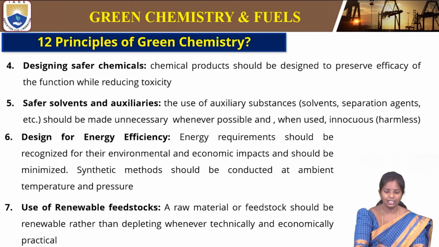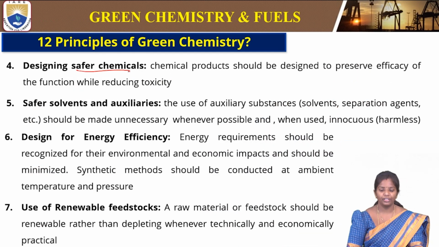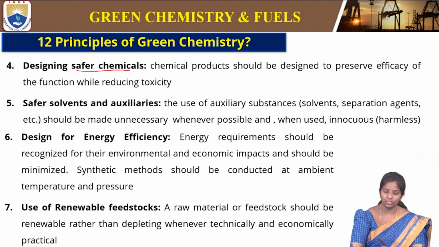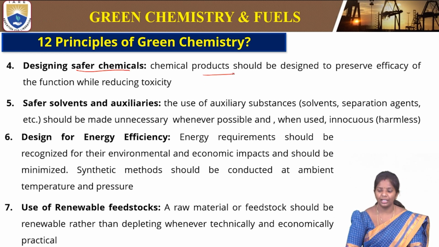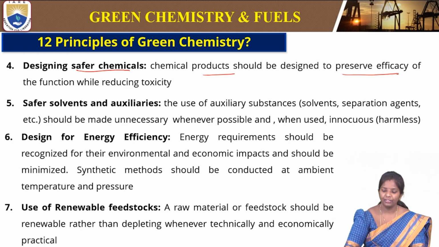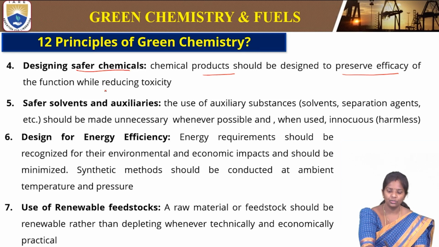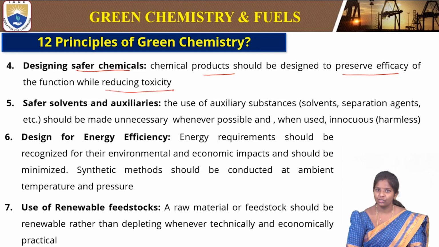Designing safer chemicals. We have to use safe chemicals for any process to obtain a final product. Chemical products should be designed to preserve efficacy of the function while reducing toxicity. So the efficacy should be better while simultaneously reducing the toxicity to human health and environment.